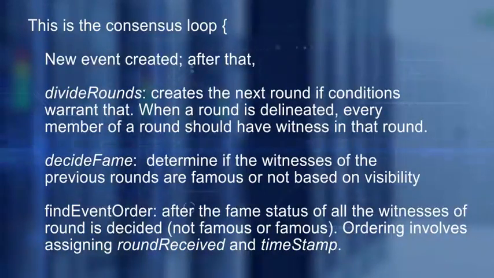The find event order function is executed. After the fame status of all the witnesses of a round is decided, the votes are counted virtually using the graph structure, fame status of the witnesses, and the outcomes of seeing and strongly seeing. Ordering involves assigning round received and computation of the median timestamp of the events.